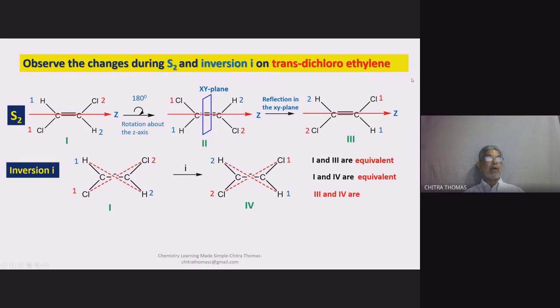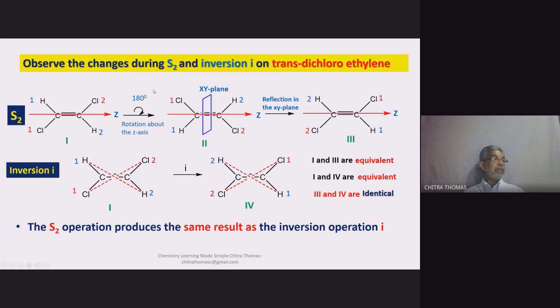The 3 and 4 are identical. This is 2, this is 2, 2Cl. So these two are identical. So the S2 operation produces the same result as the inversion operation I. So we conclude that S2 is equal to I. This is a very important relationship.